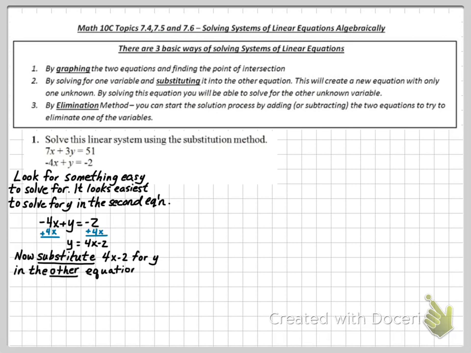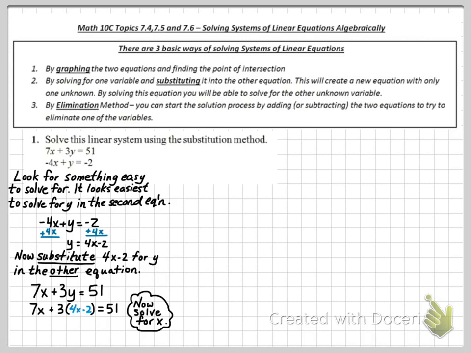So we're going to substitute this in the other equation. You can't substitute it back into the second equation, otherwise you'll end up right where you started. So when we go 7x plus 3y is equal to 51, we'll say 7x plus 3 times 4x minus 2 equals 51.